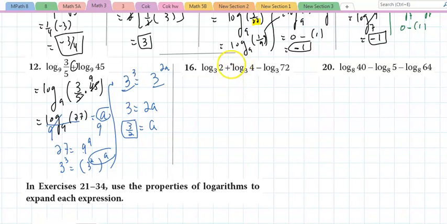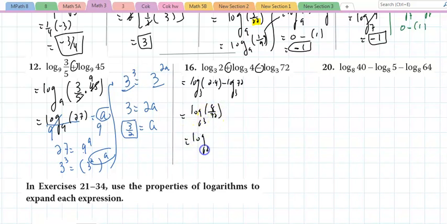Another problem, I see a plus and I see a minus. I could do this in steps. I'm going to do this 2 ways, or I could do it one shot. I could say this is log base 3 of 2 times 4 minus log base 3 of 72. I could say that's log base 3 of 8 divided by 72.